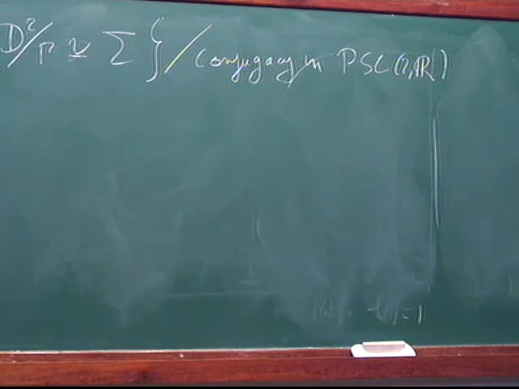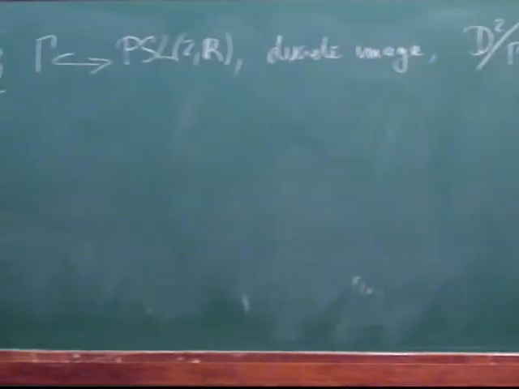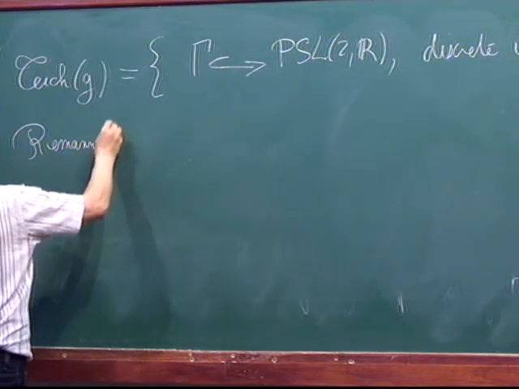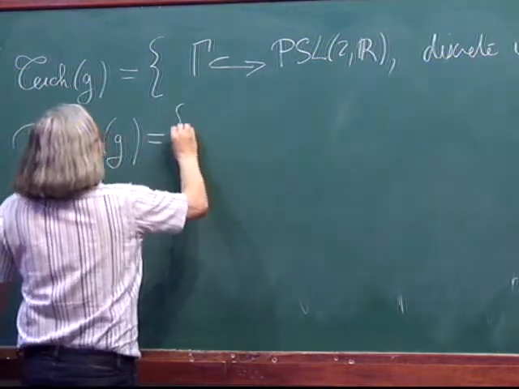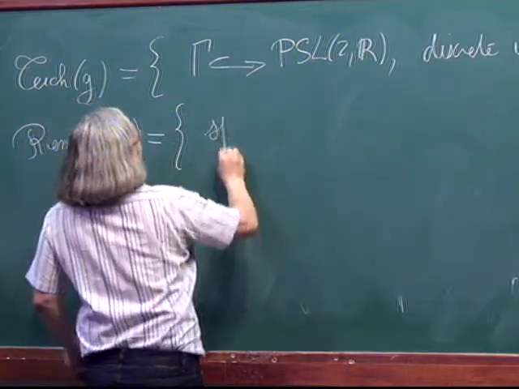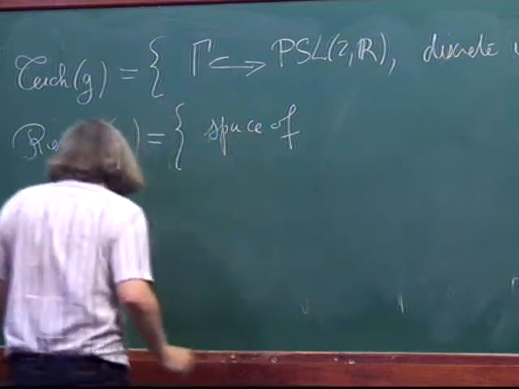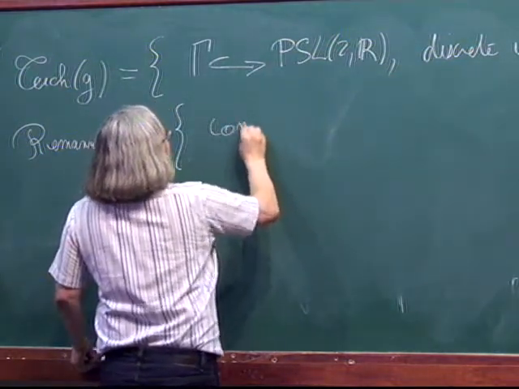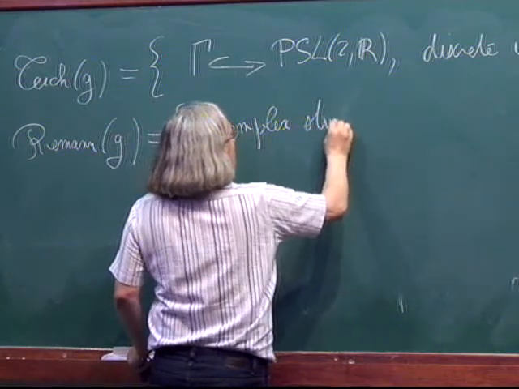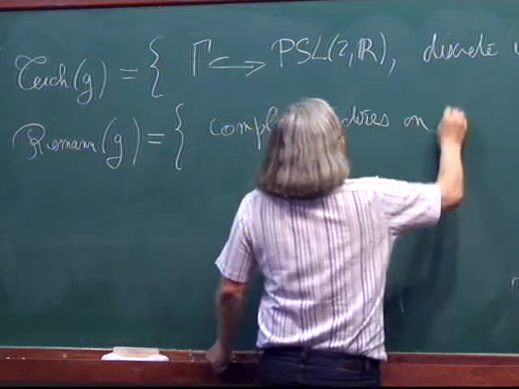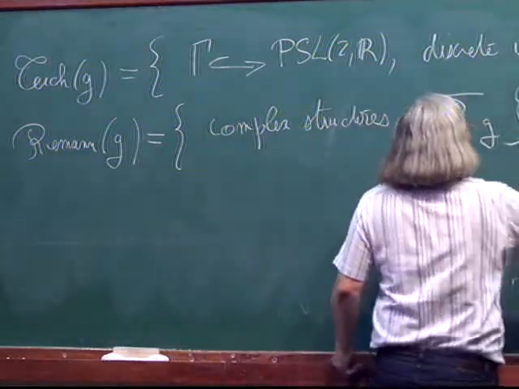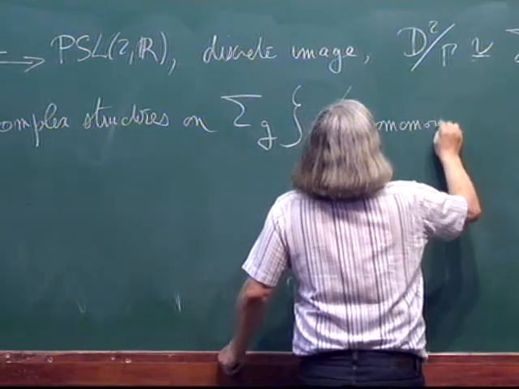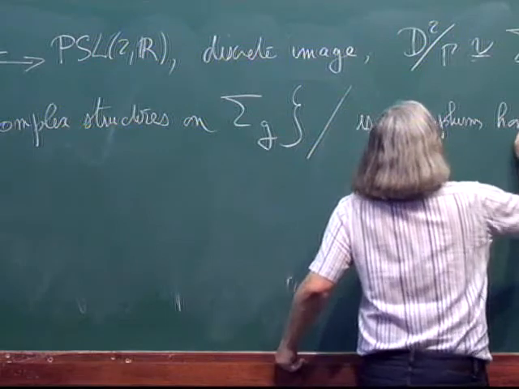And the second space will be, let me call it, the Riemann space, genus G. This is the space, the set of complex structures on the surface of genus G modulo isomorphisms homotopic to the identity.